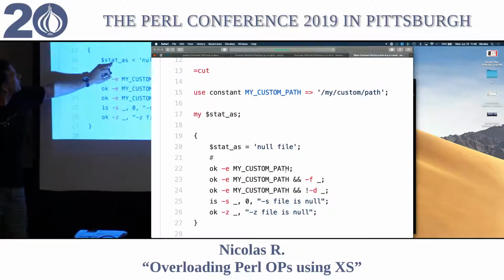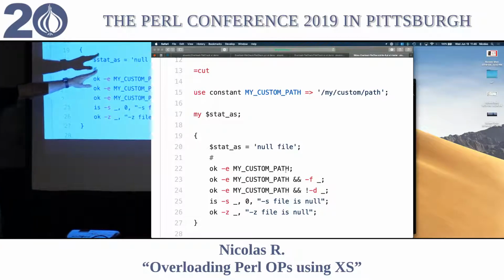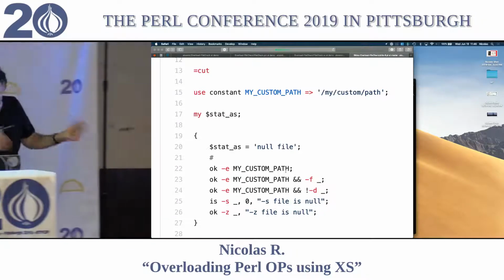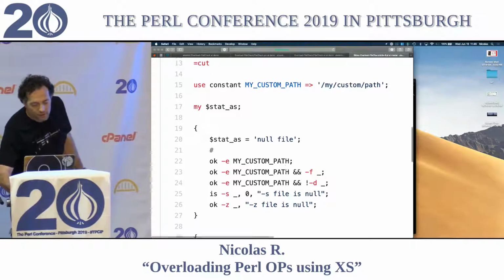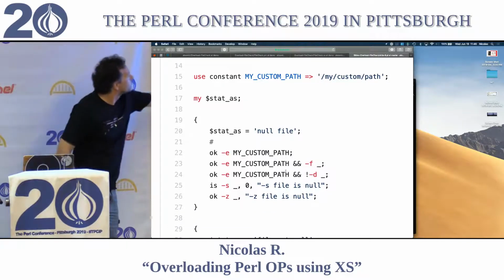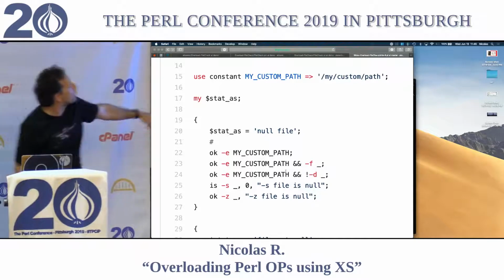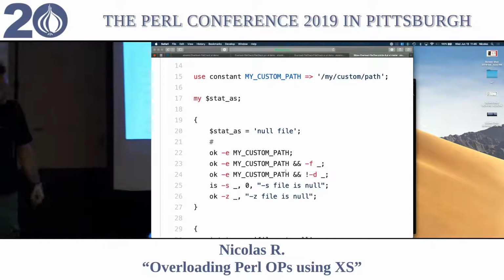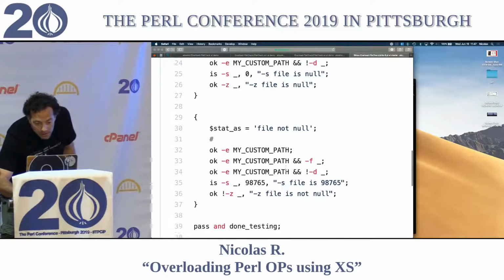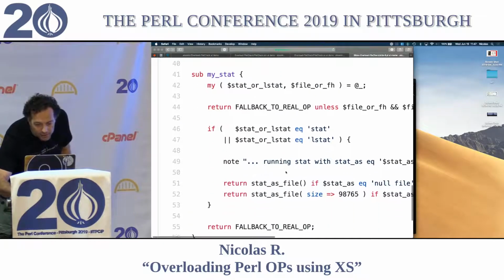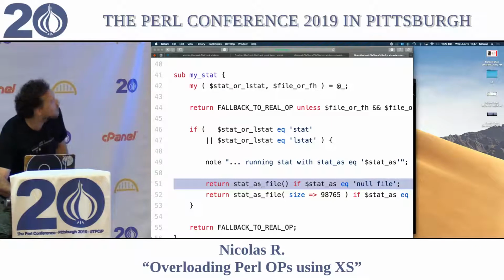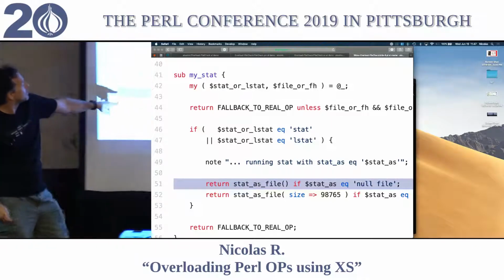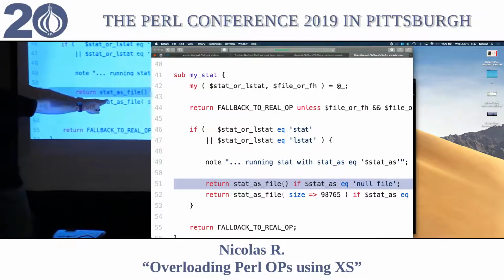We're using stat as null file, which means our mock function will behave like it's a null file, and we can check that we have a null file: the -s on underscore returns 0, the -z is true, and null file is mainly there. Just say, if it's a null file, return stat as file.